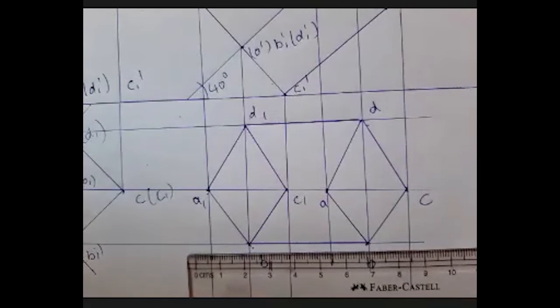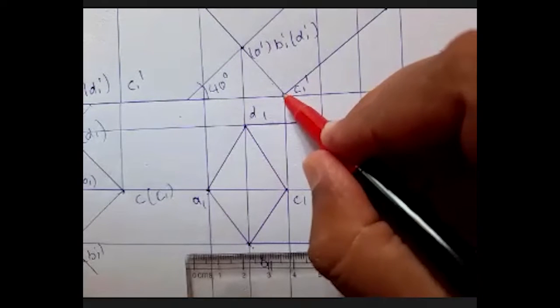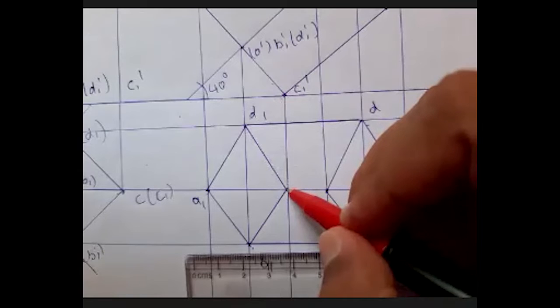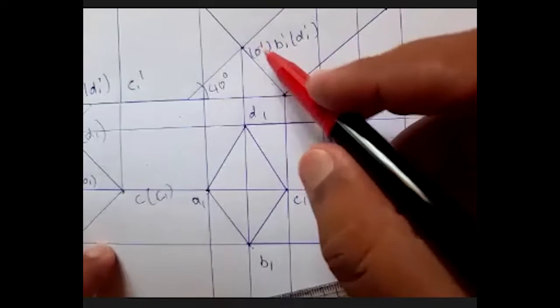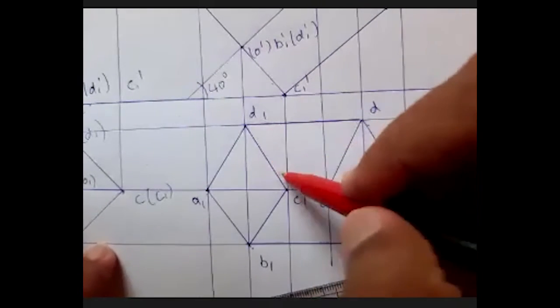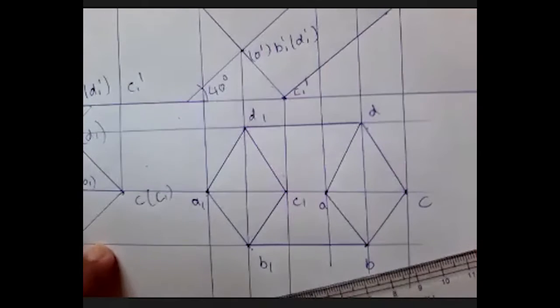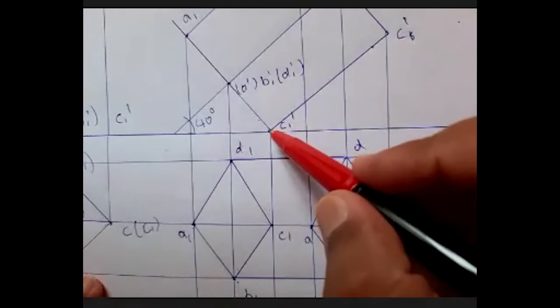Now I check the lines going out from C1. I have C1 to B1, C1 to D1, as well as C1 to C. These are the lines going out from this point.